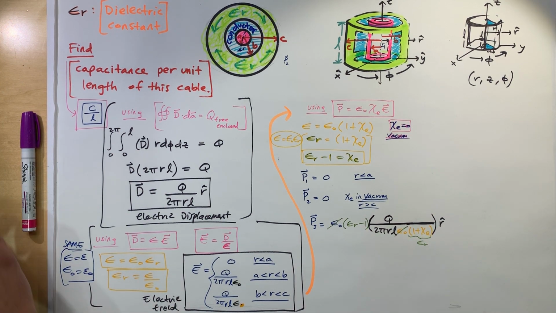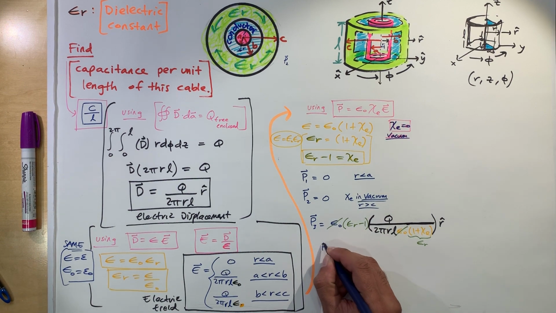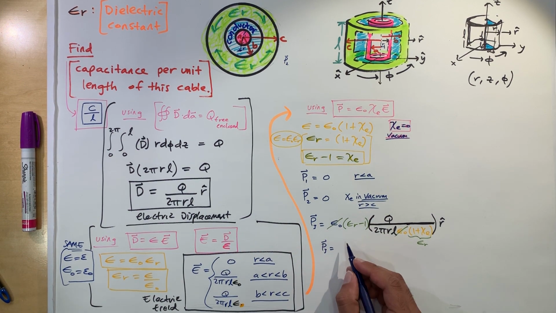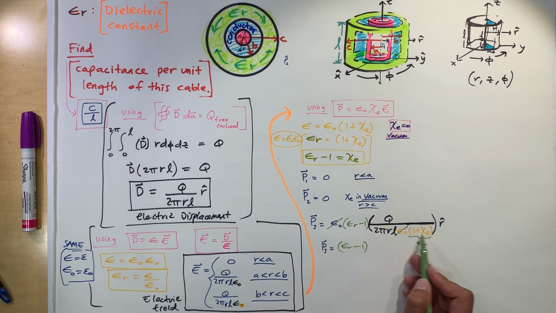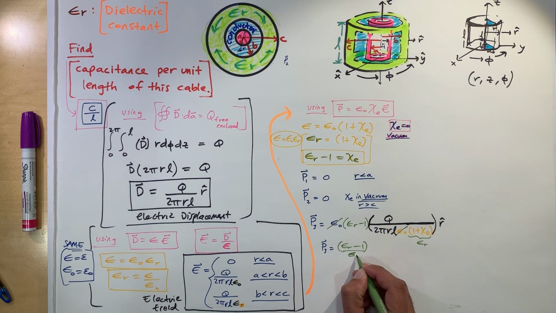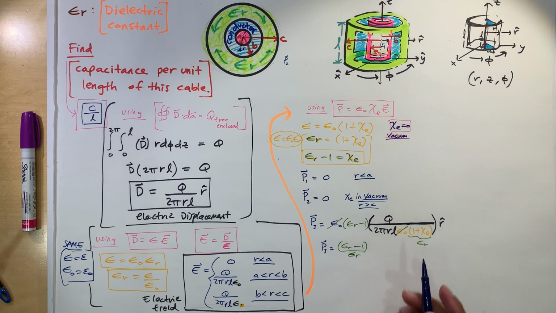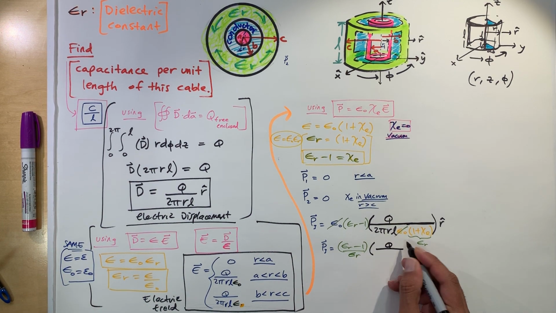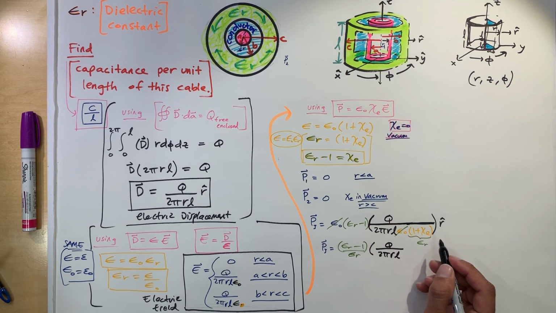Let me write that part out again. I'm going to put P3, epsilon R minus 1. This whole thing is epsilon R. I'm going to move it outside and put it underneath here, epsilon R. And then what I have left here is Q, the same thing, so 2 pi RL R hat.